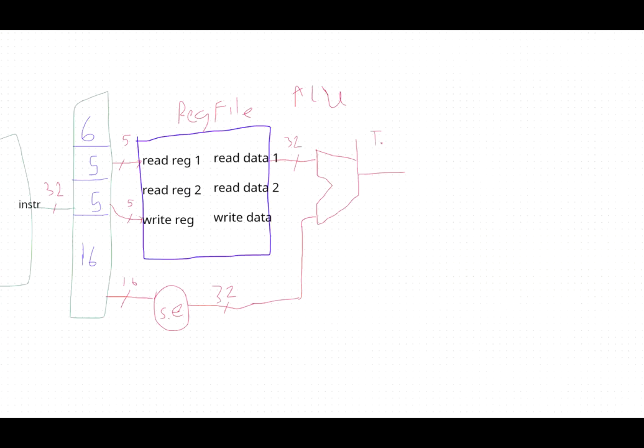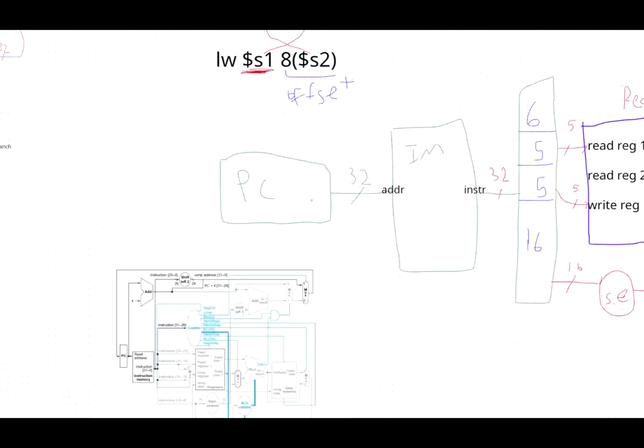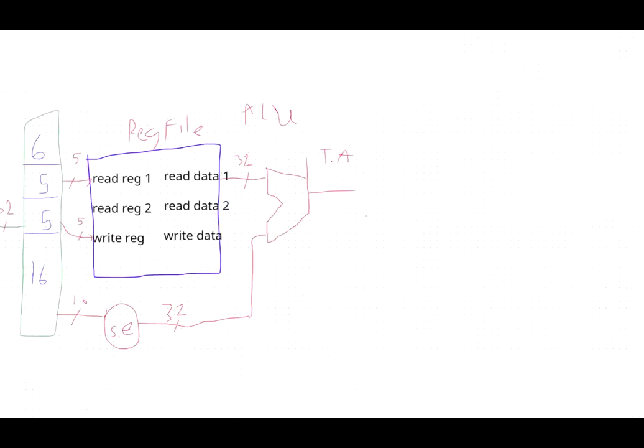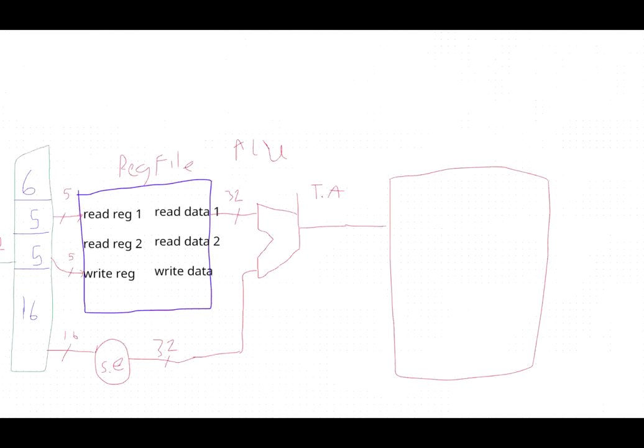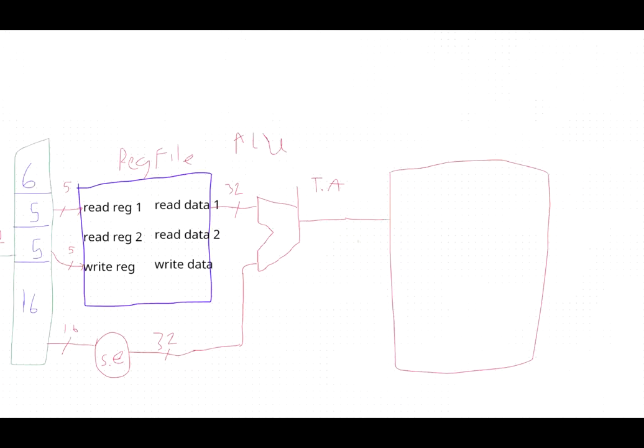Okay. And now we're going to use a component that we haven't touched before, which is the main memory, because that's where we're loading the word from. We're loading it from the memory into the registers. After you sign extend and go directly to the ALU, there is a multiplexer there.